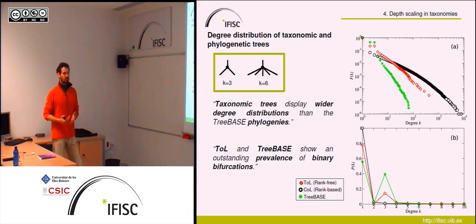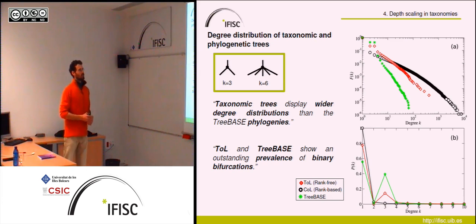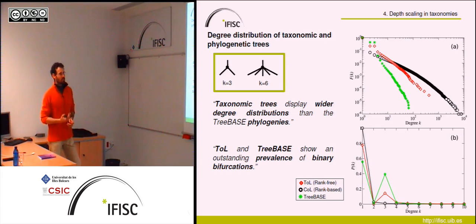While for the phylogenetic trees from TreeBase we were not able to find nodes with degree larger than 66, for the taxonomic trees we observed nodes with a very large degree. For example, for the rank-based taxonomic tree we could find nodes with degree larger than 8,000, while for the rank-free criterion we observe nodes with degree larger than 400.